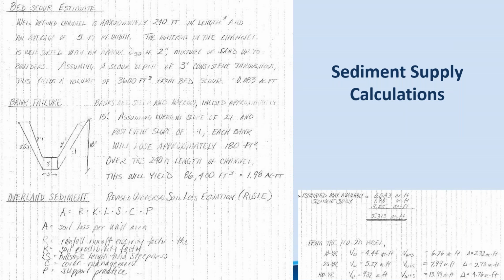So if you combine these 2, it'll give you a total sediment and water volume, and you can divide by the sediment volume to get the average concentration.